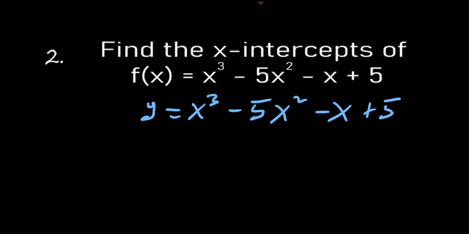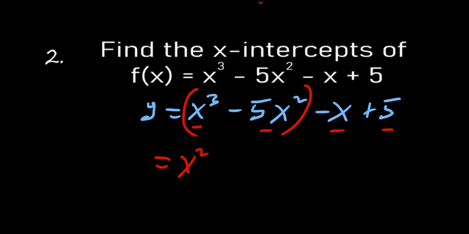Secondly, if you have 4 terms in a function, the best way to factor this is to do that in twos. So just take them in twos, and now you can find the GCF of x cubed and negative 5x squared. And the GCF of x cubed and negative 5x squared is x squared.